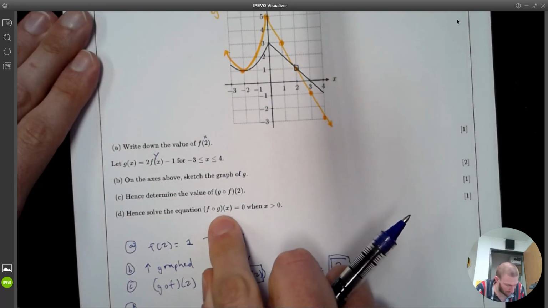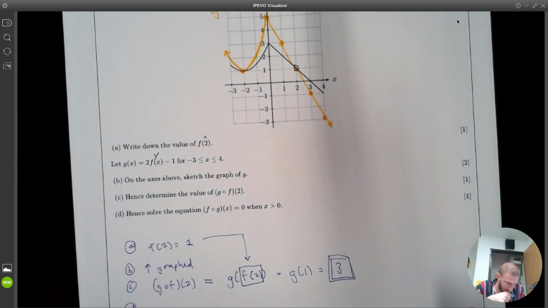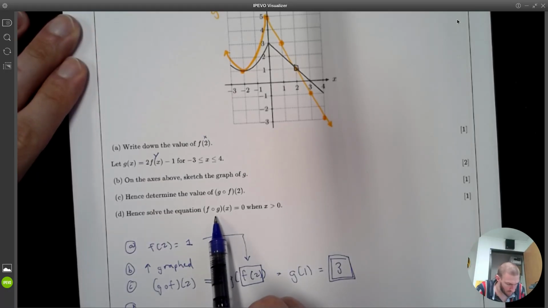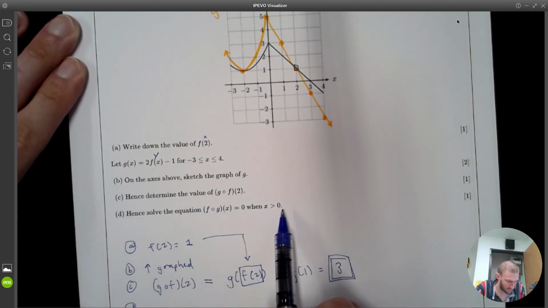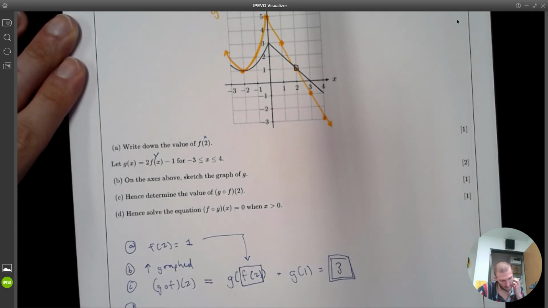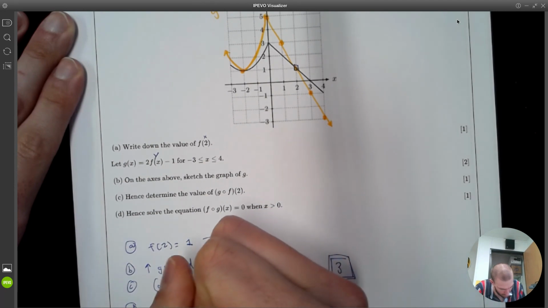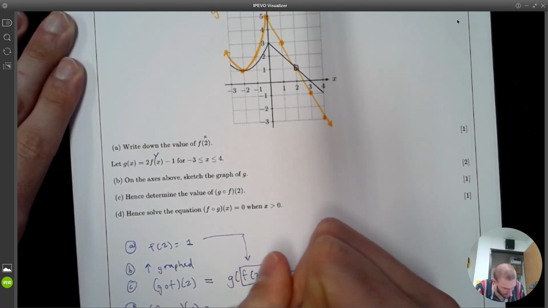And D. Solve the equation f of g of x is equal to 0 and x is greater than 0. Okay. So we need to put g into f and have it equal to 0 when x is greater than 0. Okay, so let's make sure we write this down. F of g of x is equal to 0.